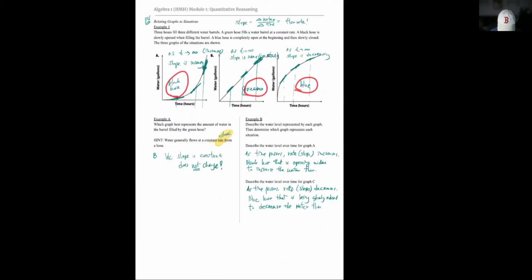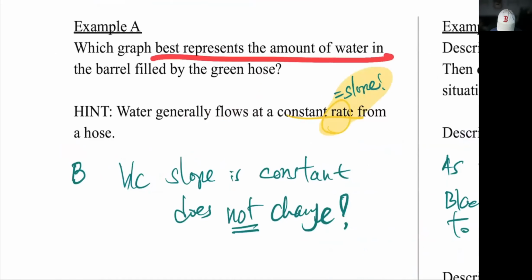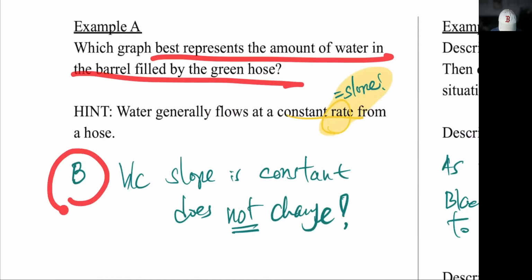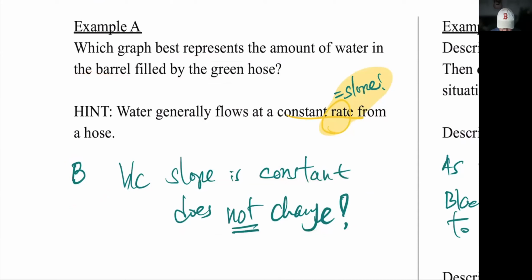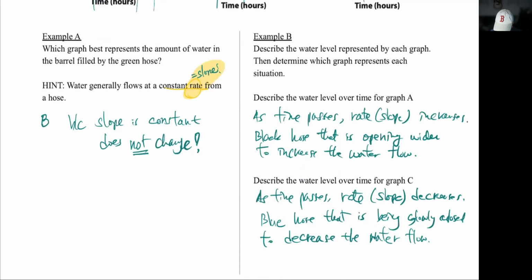To answer the question, sorry, part A, right here, guys. Which one best describes graph B, because slope is constant and does not change? That would be the green one. Part B, describe each one of graph A. As time passes, the rate, slope, increases. Flow rate, right?